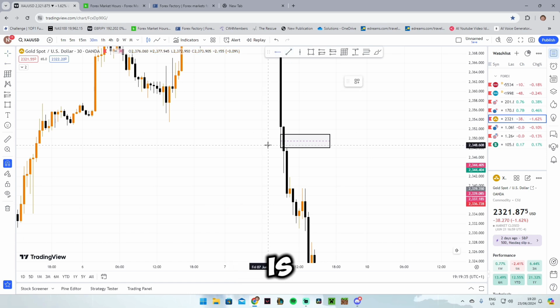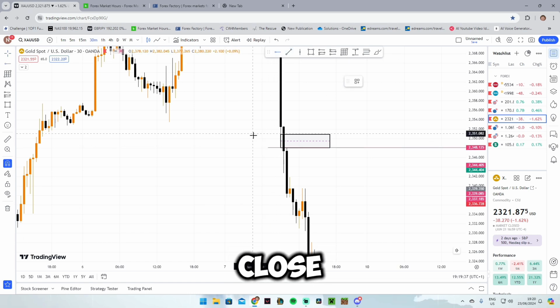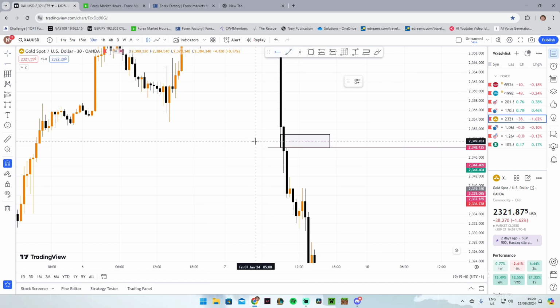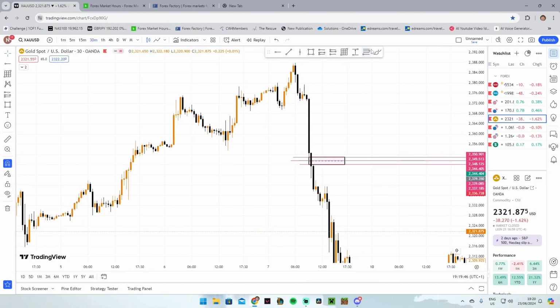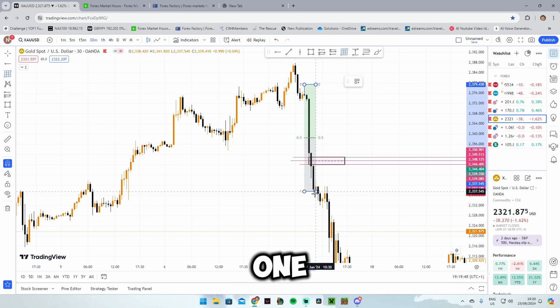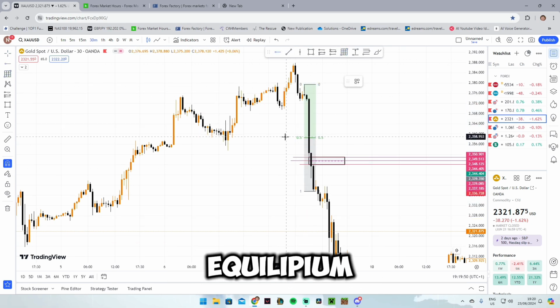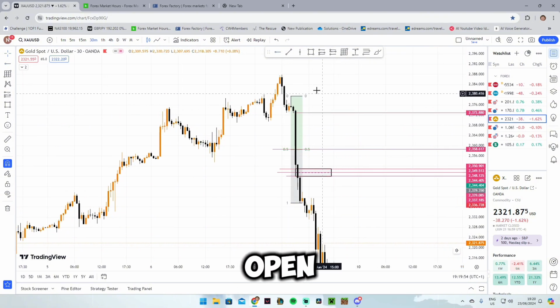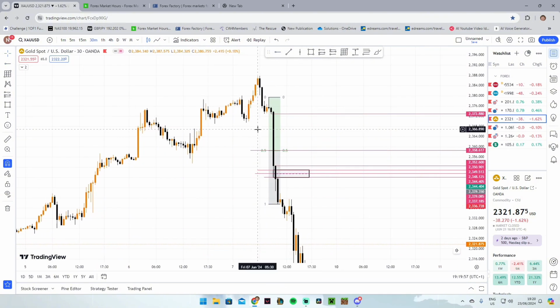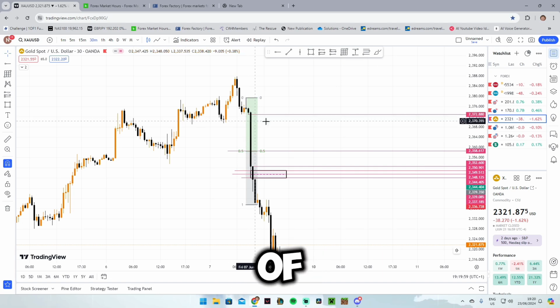Open and close of this. Close, middle, open. That would have been a good one. The range of this one. Equilibrium. All of this. The open here, the close here. All these spots of liquidity.